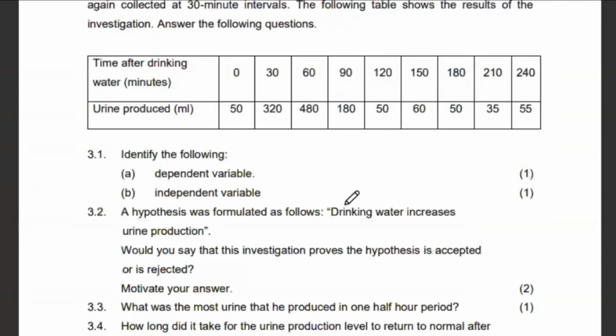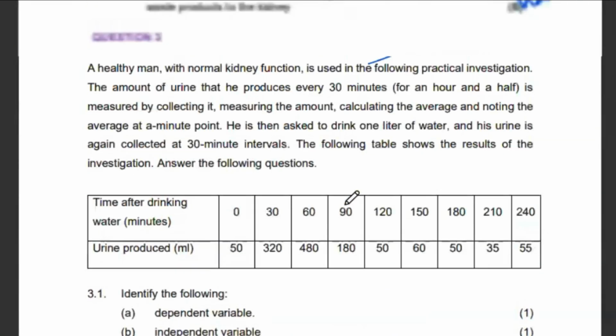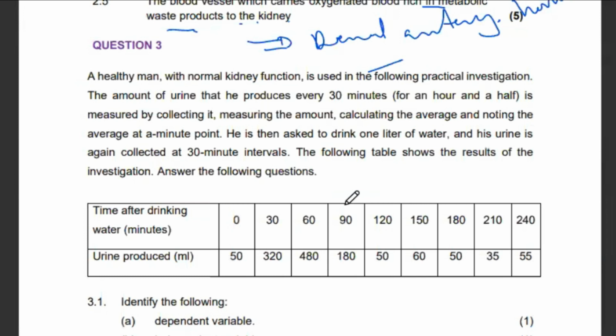So here you have a question about the independent variable and the dependent variable. What are you supposed to talk about here? A healthy man with normal kidney function is used in the following practical investigation.